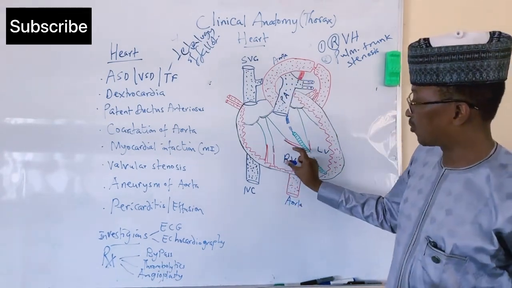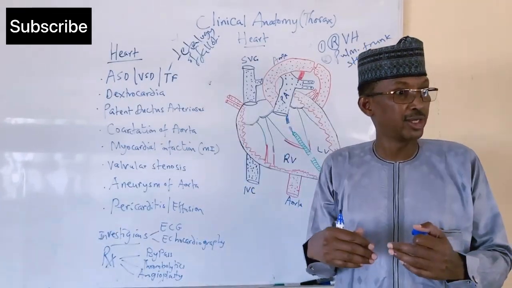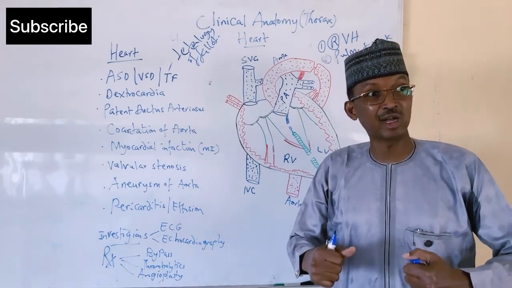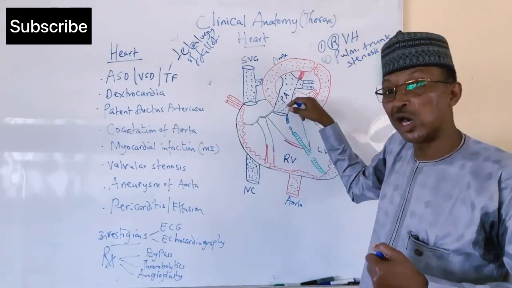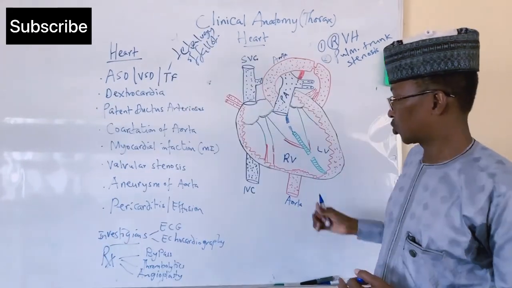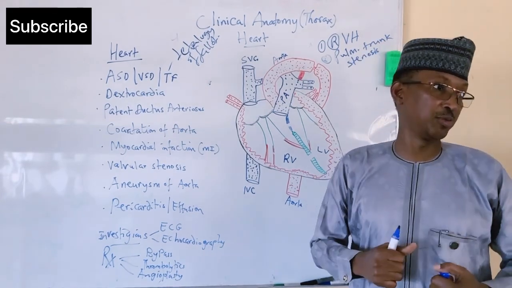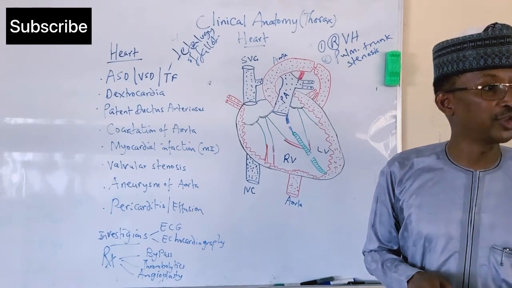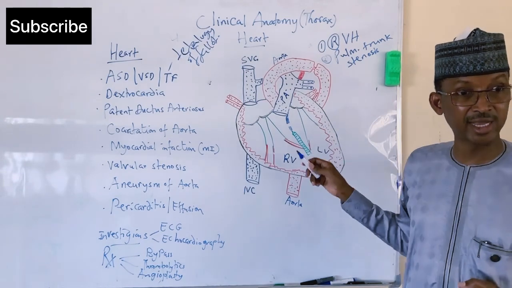So the right ventricle is now going to pump blood against a narrow opening, which means it has extra work to do. Once that extra work is applied on the right ventricle because of the narrowing of the pulmonary trunk, the ventricle will tend to develop more muscle than before. And that is why you have right ventricular hypertrophy, because of the pulmonary trunk stenosis. This is the second condition.